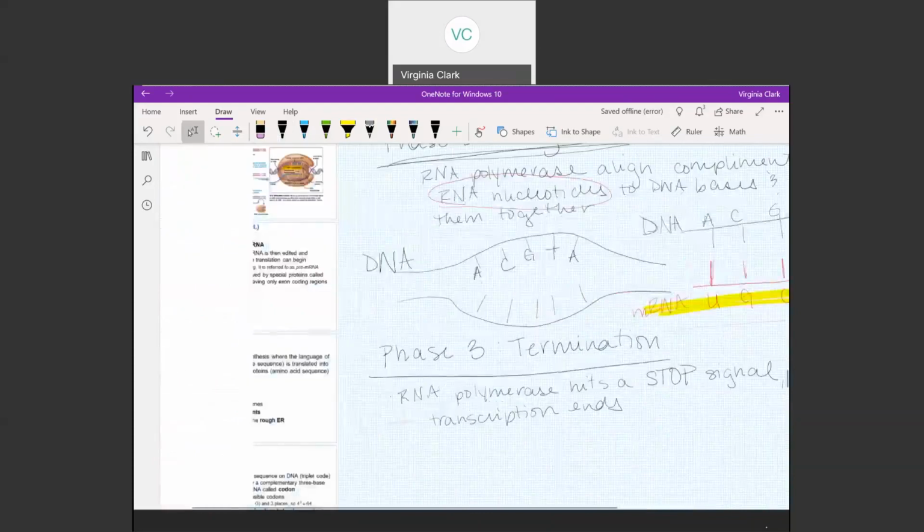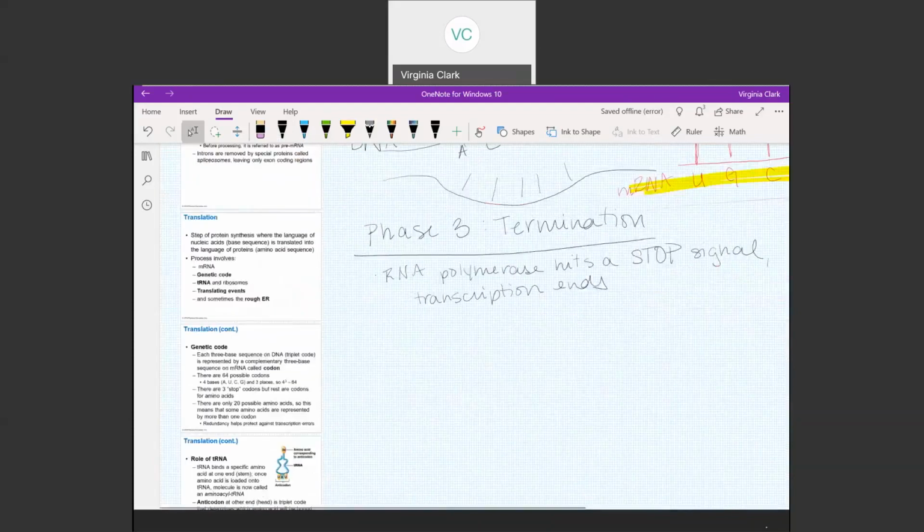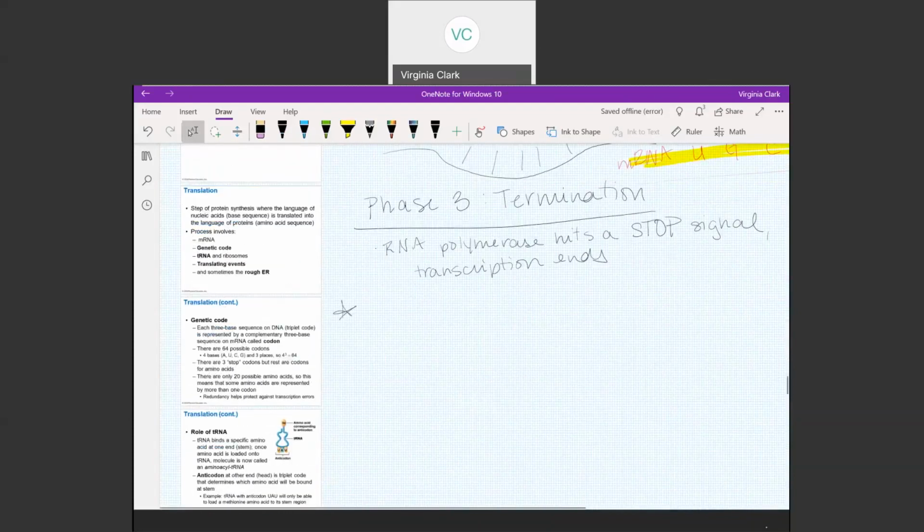So as we go through translation, with translation, we are going from mRNA bases to amino acids. And these amino acids are going to code for a specific protein. It's very cool.